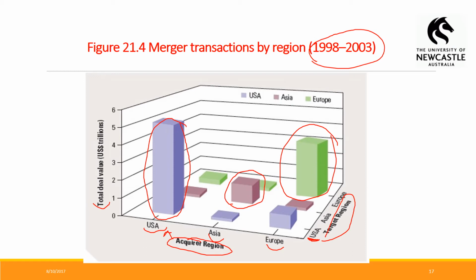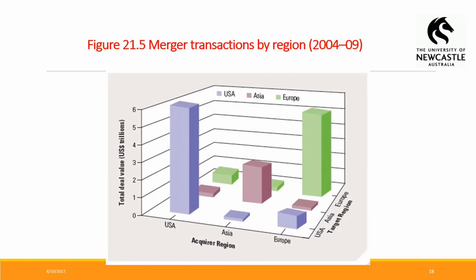Comparing the size of these bars to the other bars in the graph, we can conclude that from 1998 to 2003, most of the M&A activities happen within the region. US companies tend to buy US firms, European companies tend to buy European firms, and so on and so forth. The only exception here is the little bar where we have European companies doing a bit of M&A activity in the US, right?